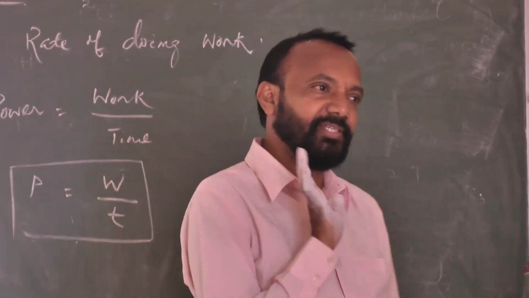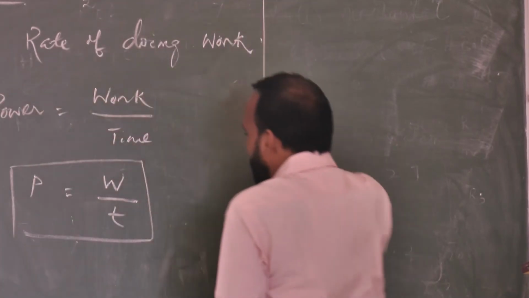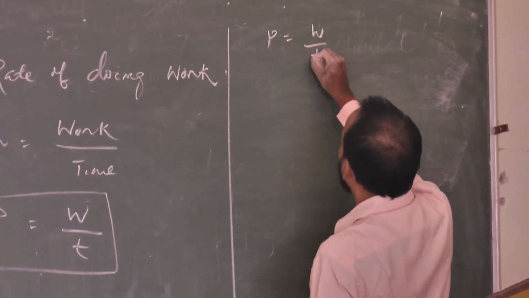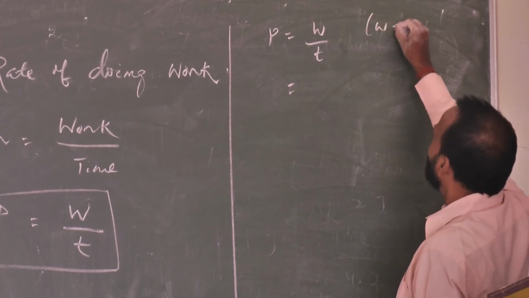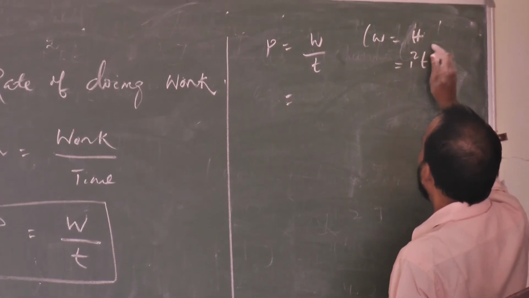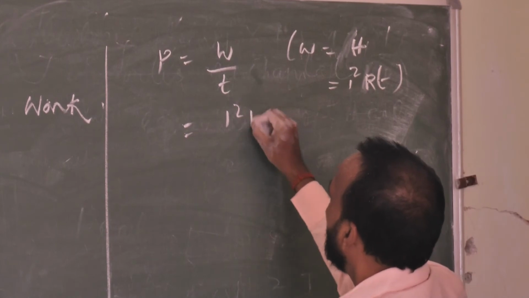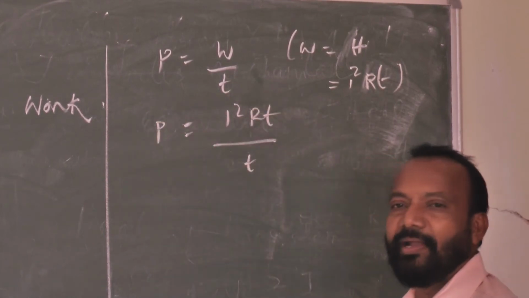So power is equal to work done divided by time. Work done means heat, which is I square RT. So power is equal to I square RT divided by T.